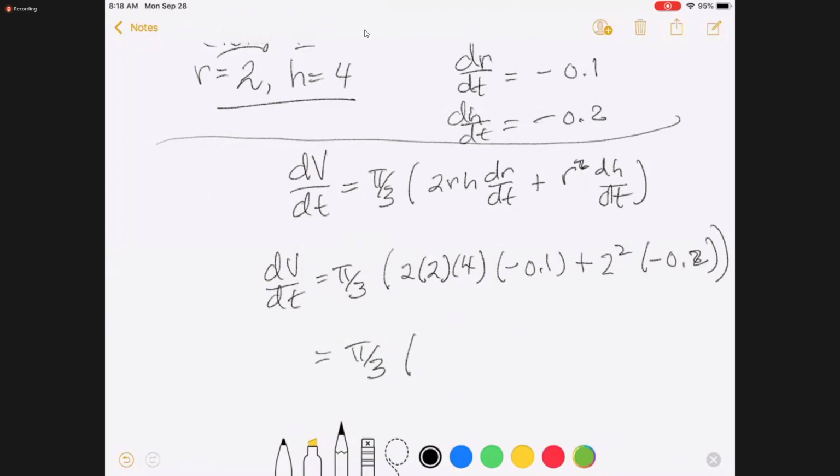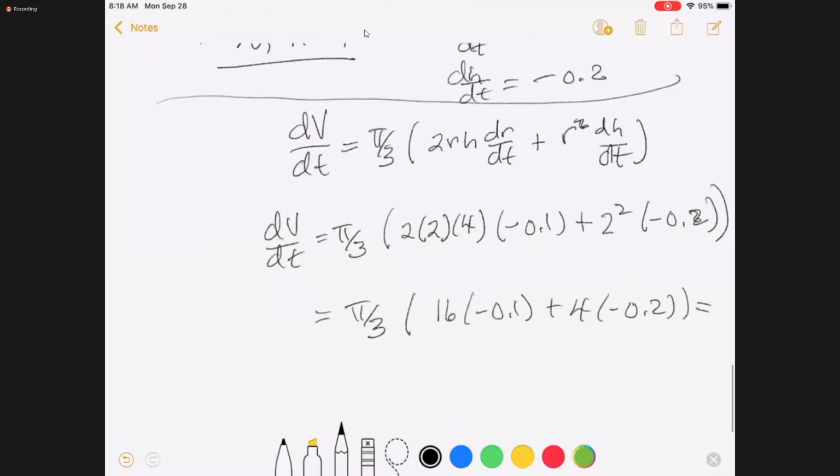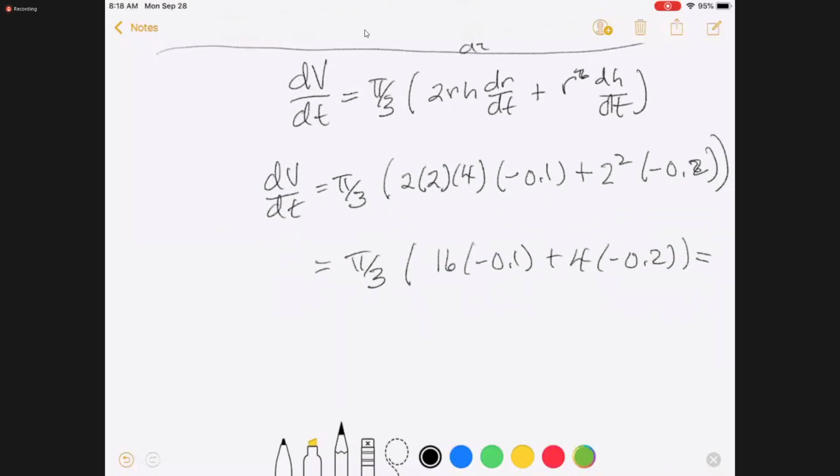So that would be 2 times 4 times 2 times 2 times 2 is 16, right? 16. Plus 4 times, and 16 times 1/10 is 1.6. And 4 times minus 0.2 is minus 0.8.